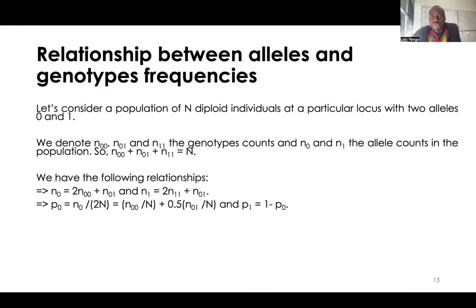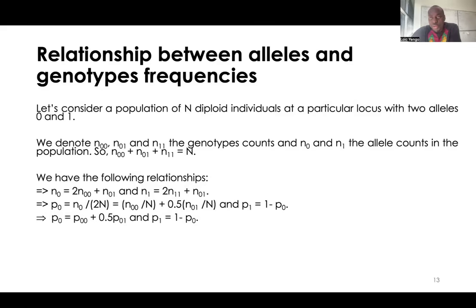So the frequency of the 1 allele is essentially 1 minus the frequency of the 0 allele. Once you've calculated the allele frequency for the 0 allele, you can deduce the frequency of the 1 allele as 1 minus the frequency of the 0 allele.